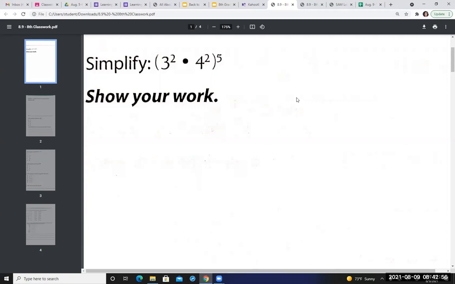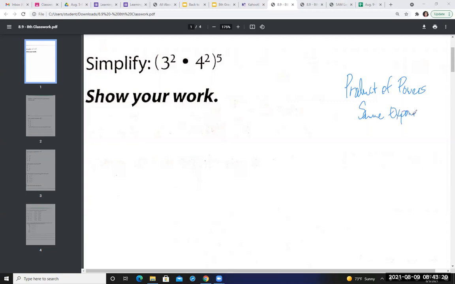Number 4. Why you say 3 times 4? Why? What rule is it? What was the name of it? Okay, product of power. Same base. No, same exponent.